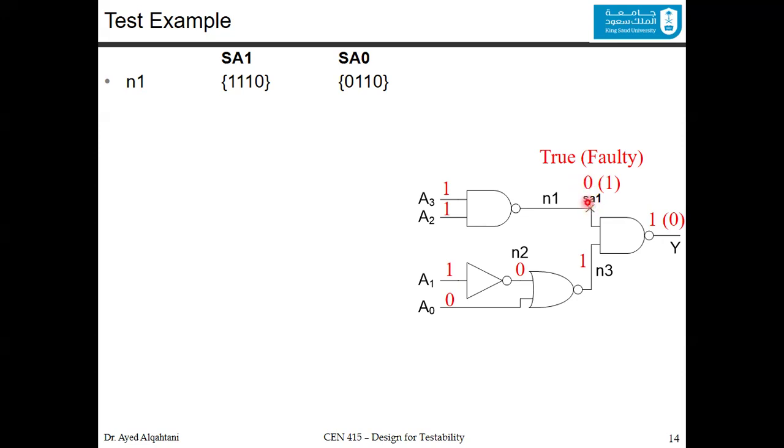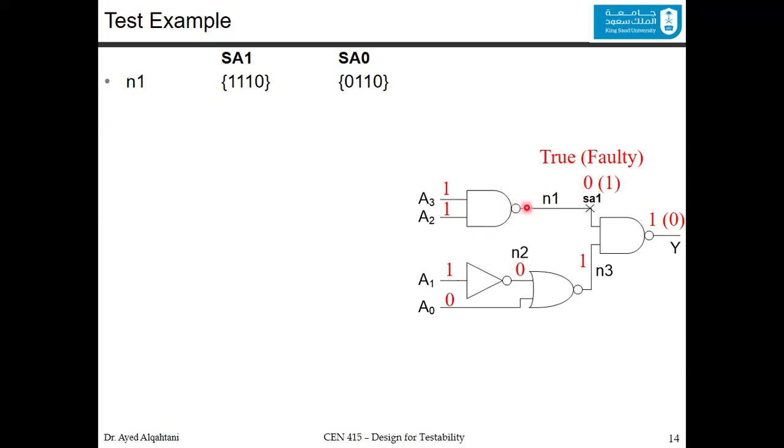Also, the second question: how to make sure that you are propagating whatever value is here all the way to the output. If you answer both questions, you will get all the bit values in all the lines. So let's start with the true value, which here is 0. To get a 0, you need 1 and 1 in this NAND circuit. So 1 and 1 will give you a 0.